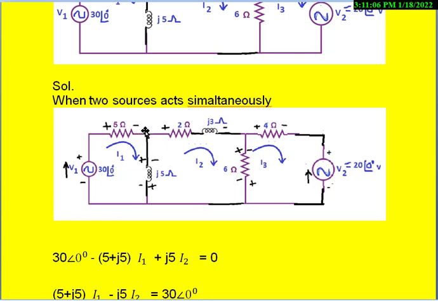Let us see here. I1 is the first loop current. In this I1 direction, for this voltage source, first negative, next positive, so it is a voltage rise. It will get the positive sign, so we write 30 at an angle of 0 degrees.